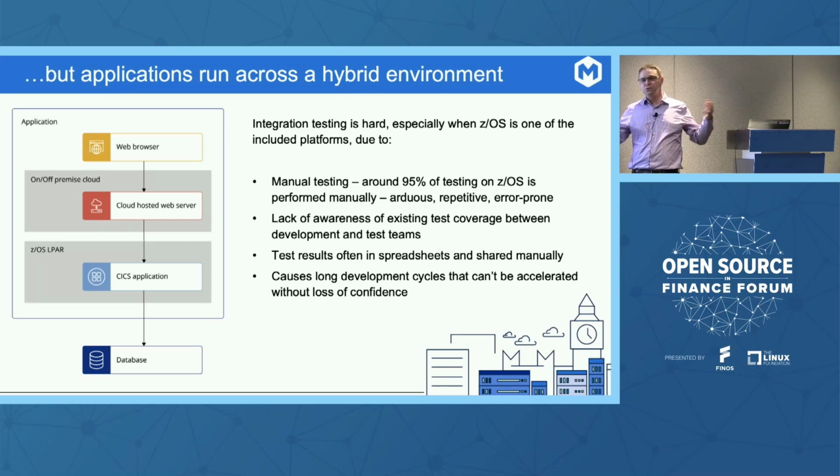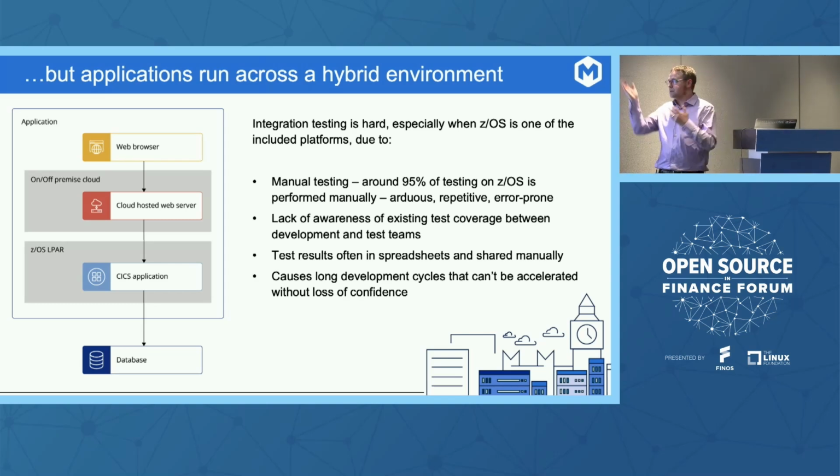So if you're trying to do full end-to-end testing, you end up back to manual testing all over again. Even though you can do component-level testing for some pieces with more automation, for the whole end-to-end you still have to test manually. All the things on here are the challenges you run into, and none of them are too surprising. It's error prone, it's challenging, and the development cycles are really long.